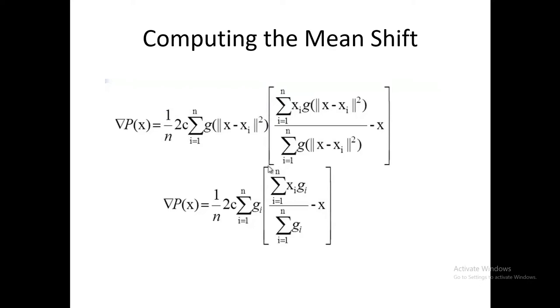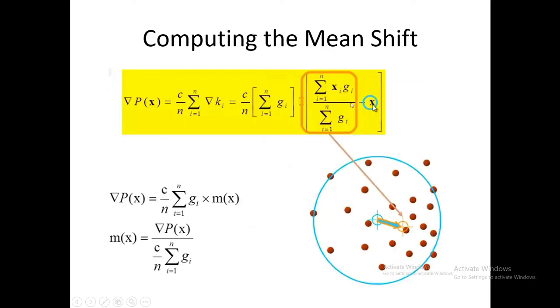We represent it with gi, and the summation of gi, we can say it as the mean shift, and mx is the total, and this is our initial estimate.